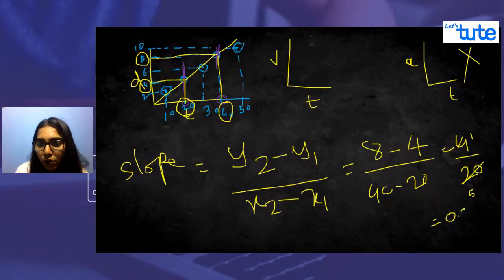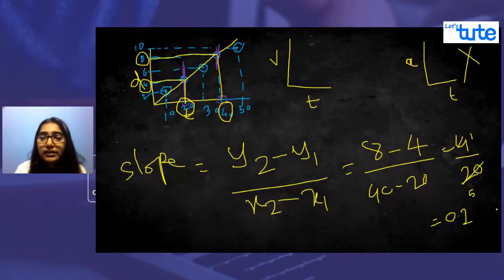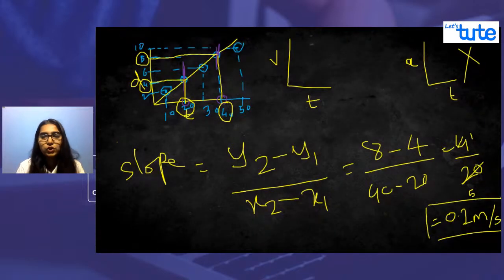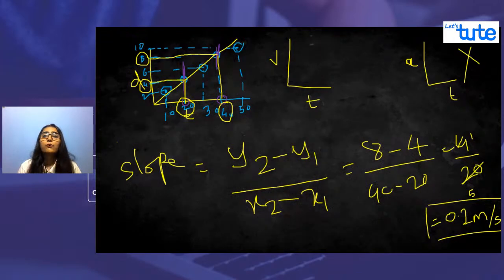Therefore, the velocity of the body is 0.2 meter per second. Are you all getting the same value, guys? You just have to do 4 by 20.